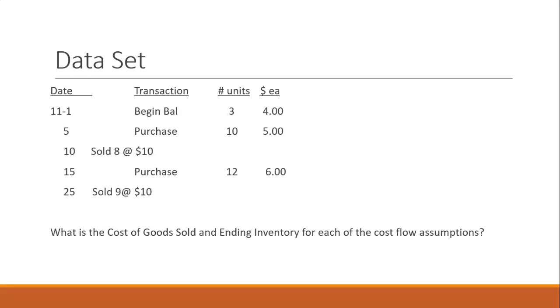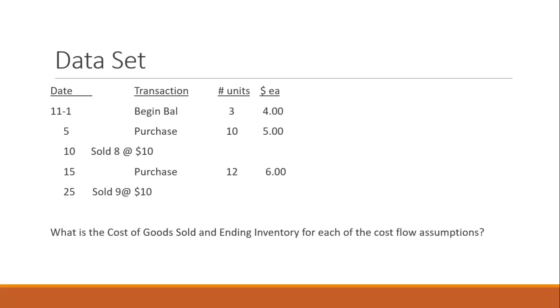Remember, we're focusing on the perpetual inventory system. That means every time inventory comes in, which is when we purchase it, we debit inventory, and every time it goes out, we not only have the regular sale journal entry, but we have that second journal entry where we debit cost of goods sold and credit inventory for our assumed cost.